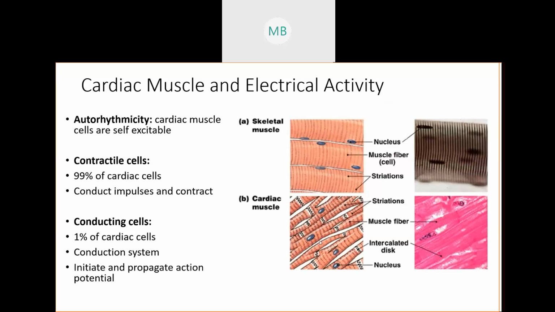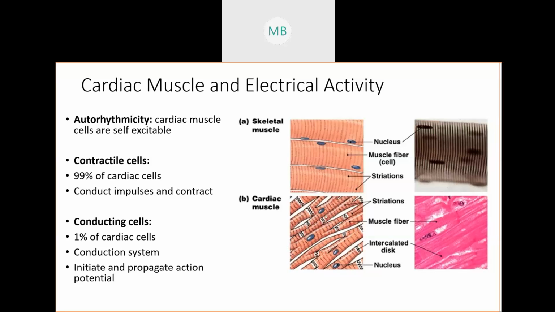But they are shorter and tend to be a little bit fat, so notice how these are shorter and slightly pudgy, other than these little arms that reach out here. But they are branched. It's not one long tube like your skeletal muscle is. They branch off so they can connect to different muscle fibers around them.